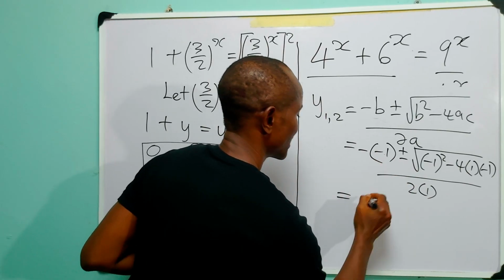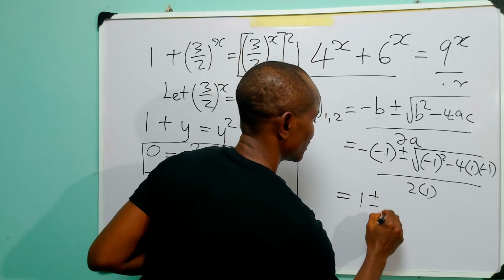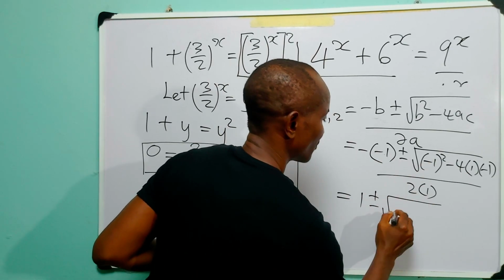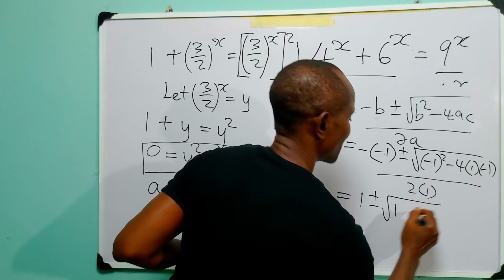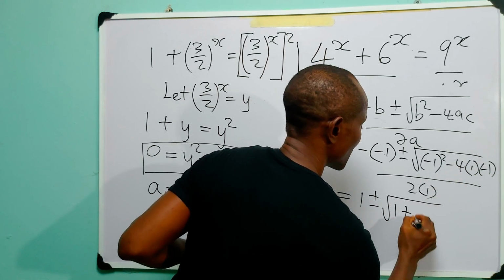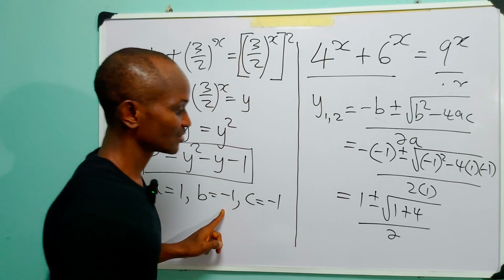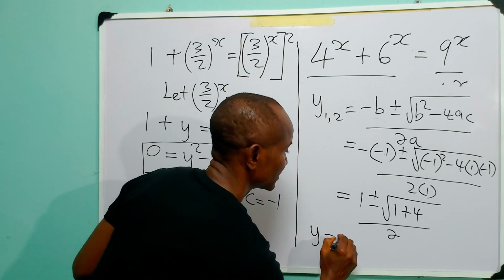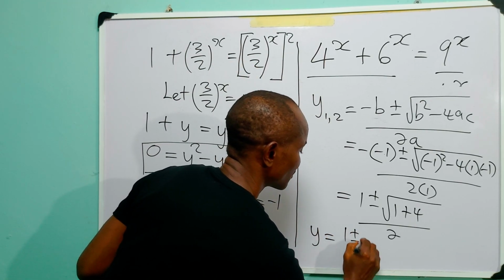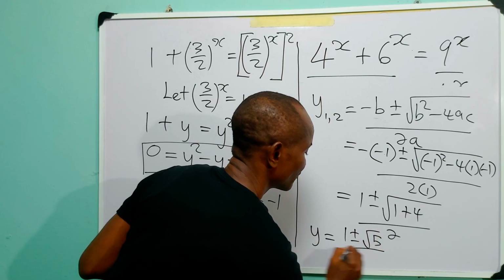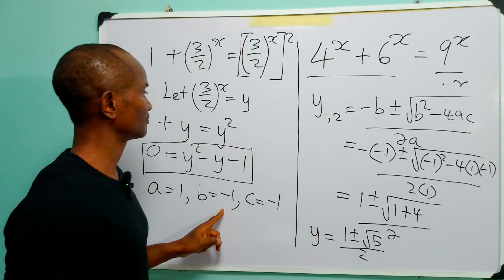Simplifying, we have minus minus is plus. We have 1 minus minus is plus 4 times 1 is 4 divided by 2. So we have that y is equal to 1 plus or minus square root of 5 divided by 2.